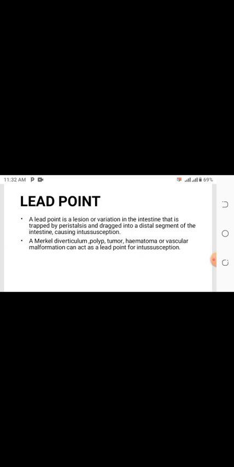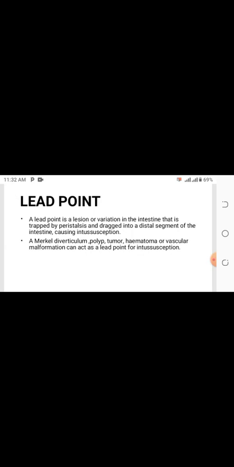So any variation or lesion in the intestine that can be trapped by peristalsis can lead to intussusception.